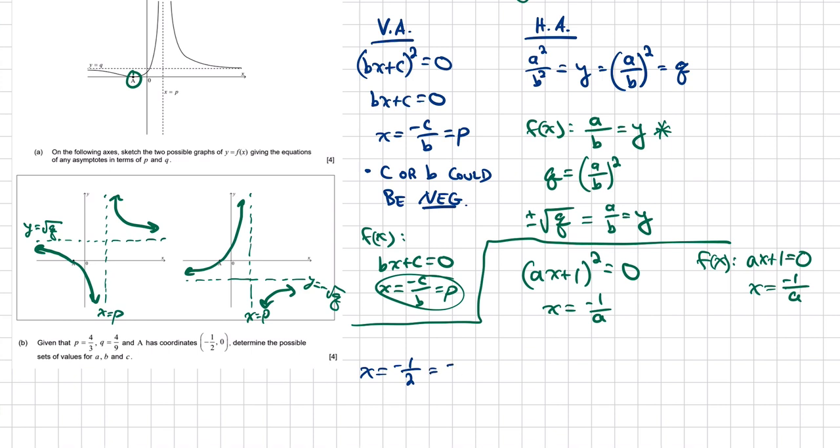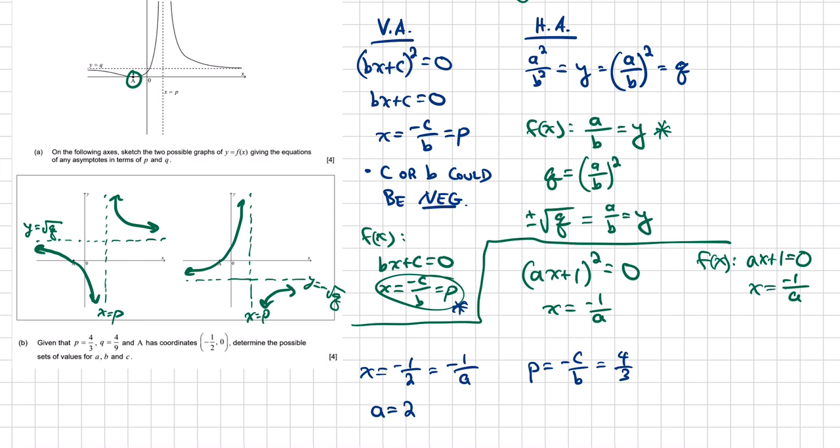We found that that's equal to -1/a, which tells me that a needs to be equal to 2. And we also found an expression for p. We know that p needs to be equal to -c/b. We found that up here. So if that's equal to 4/3, that's equal to +4/3, right?